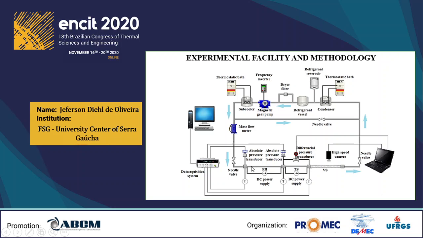We measure temperature and pressure using absolute pressure transducers and thermocouples in the preheater inlet and test section inlet, to establish the pressure drop in the test section. We use a differential pressure transducer in this case.